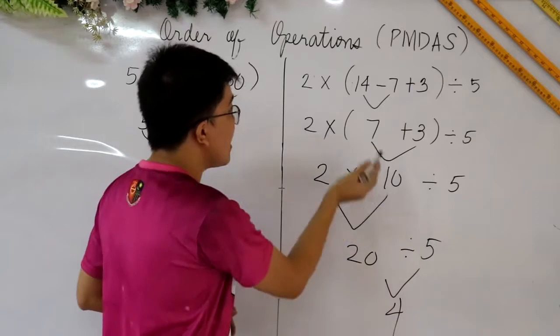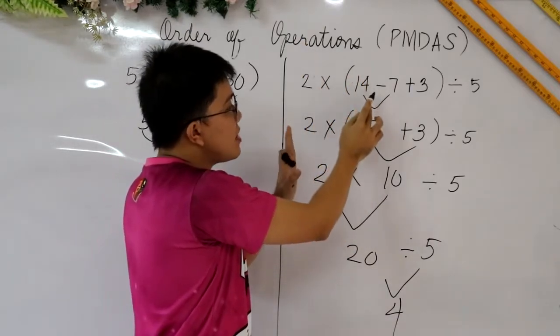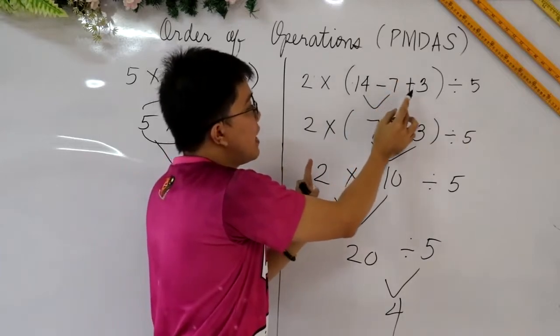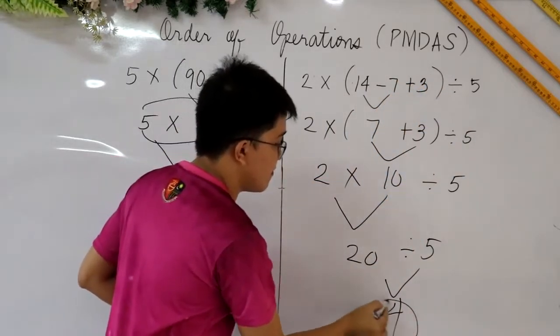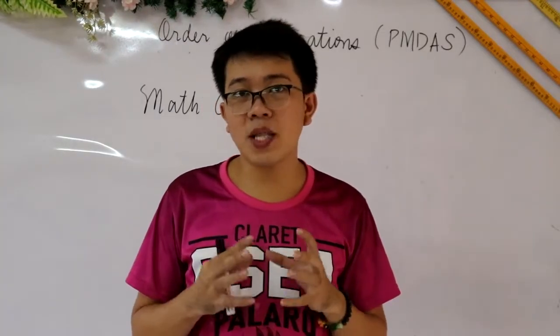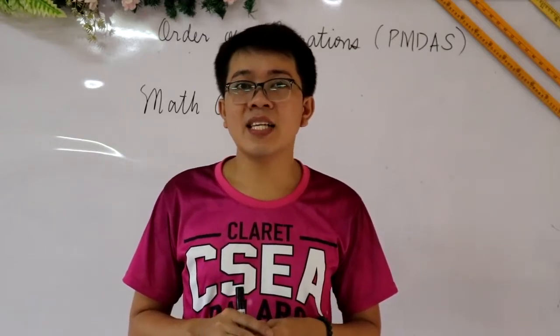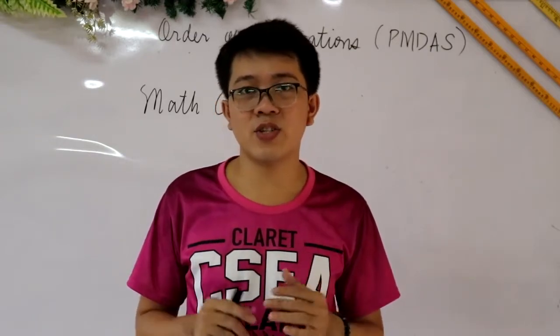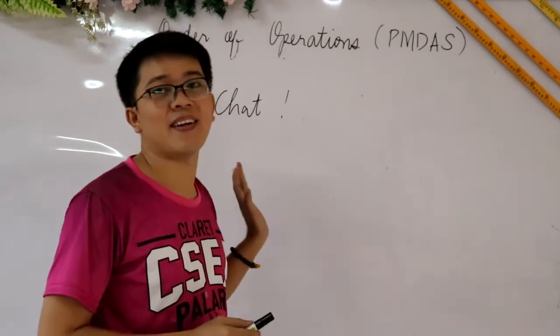Now we say that 2 times 14 minus 7 plus 3 divided by 5 is 4. Now since we're done discussing the correct order of operations, or PMDAS, let's try to answer this question. Okay? We're now on the math chat part.